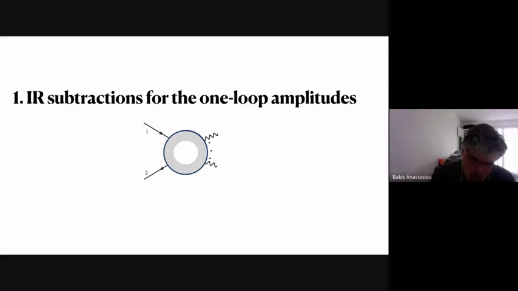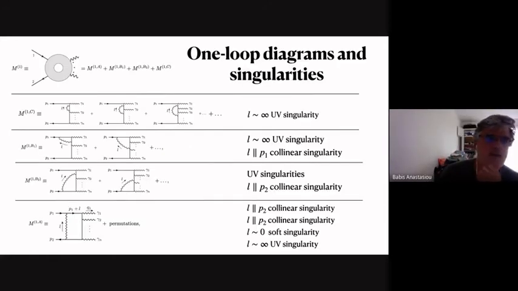So how do we subtract the infrared divergences for these amplitudes? I have here a presentation of the amplitude. It consists of 4 types of diagrams.